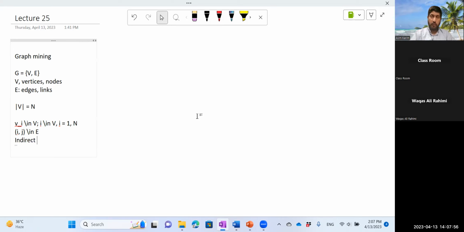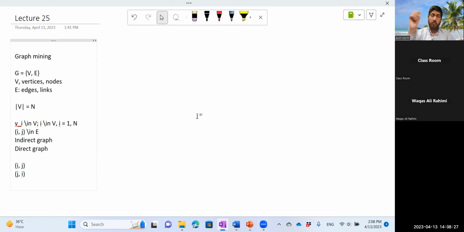In that case, we simply have an edge between two nodes and no direction between them. On the other hand, we have what is known as a directed graph, in which case (i, j) would be different from (j, i). (j, i) means that there is a link from j to i, and (i, j) means that there's a link from i to j.